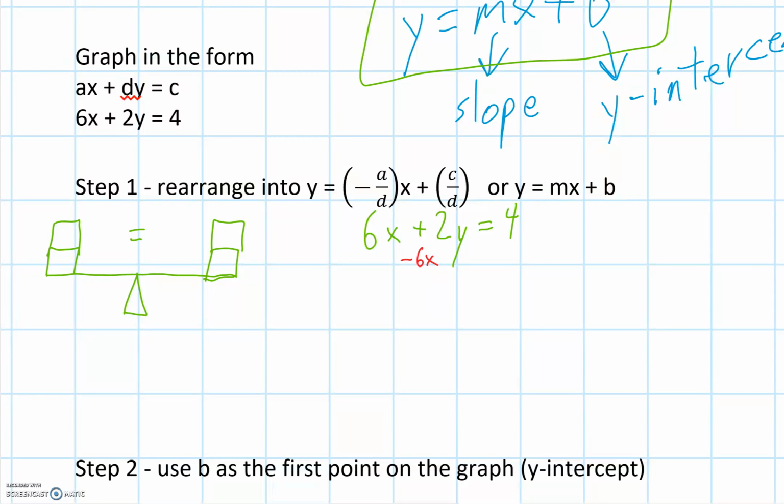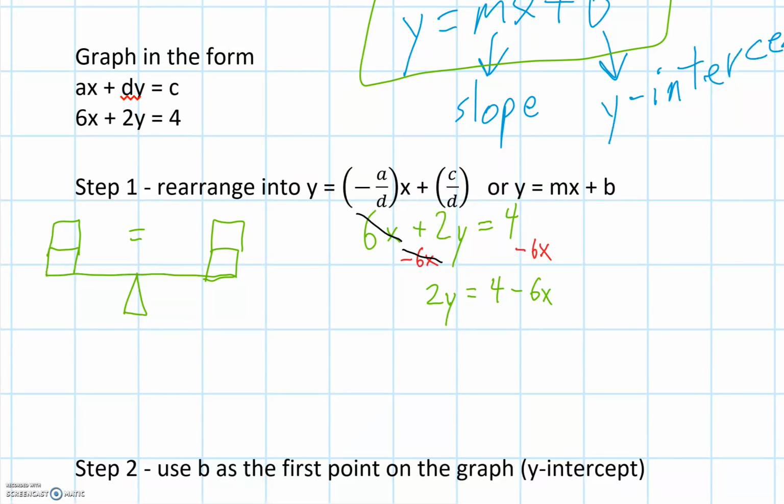If I do it to that side, just like our teeter-totter, I have to minus 6x on this side. So if I do that, I get 2y equals 4 minus 6x. Hopefully you see that 6x and minus 6x cancel, and that's why it works.